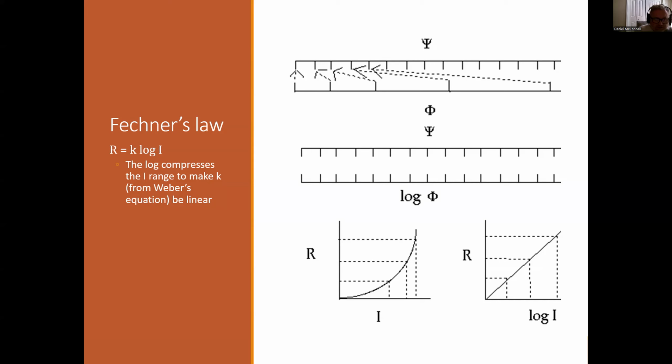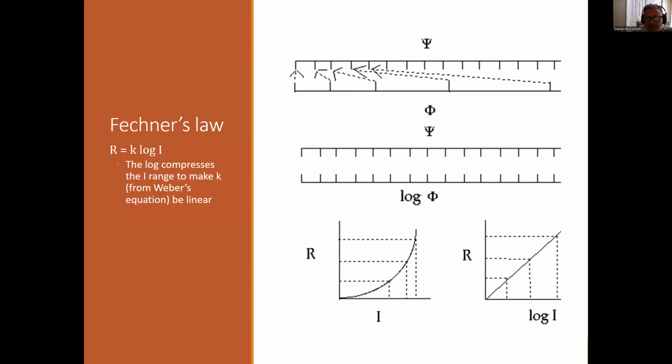And so when we do a graph of R, this is what Fechner did, he replaced delta I with R. But it's the same idea, it's a unit of sensation. When we do a graph of R and I on the bottom, we're going to get some kind of a curve, right? It could be like this one, or it could be the other flattened curve.